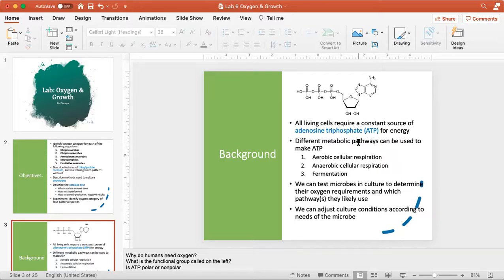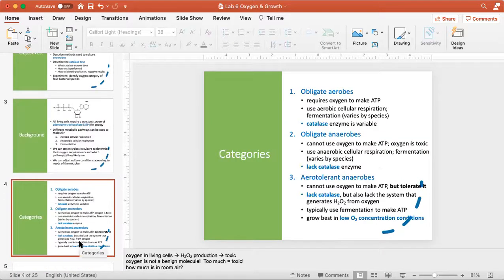Once we know what the oxygen category is for a microbe, we can better culture it in the laboratory. And of course, we can also help identify an unknown bacterium by finding out what oxygen category it belongs to. So let's talk about these 5 categories for a minute.